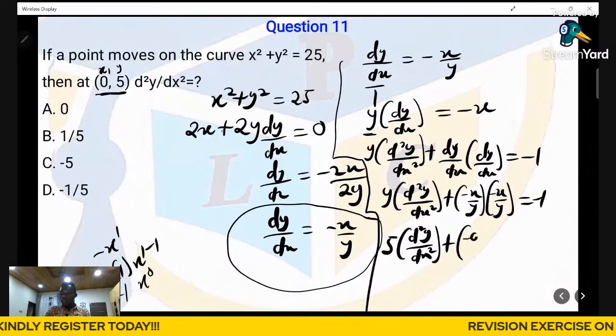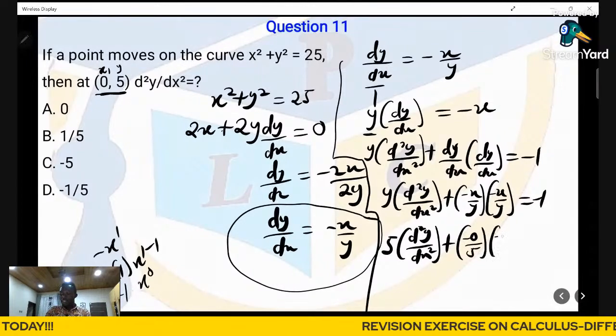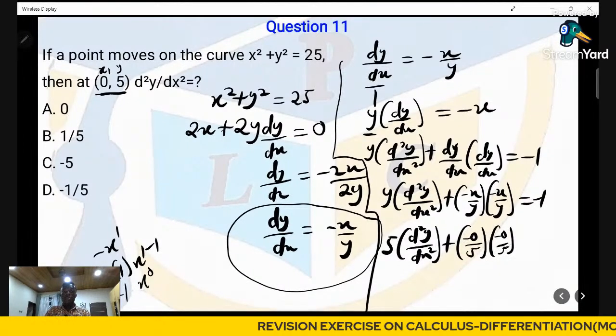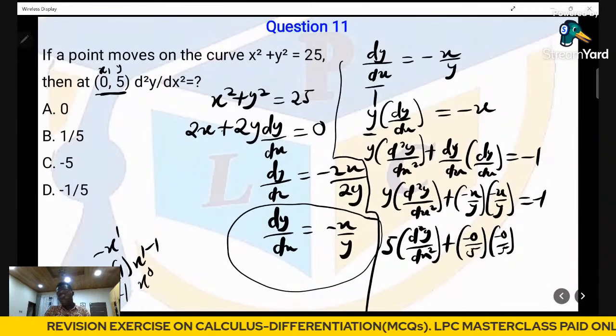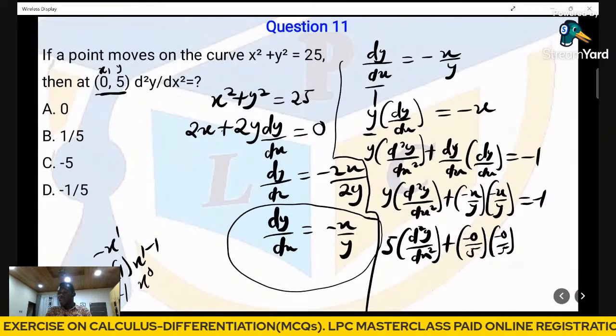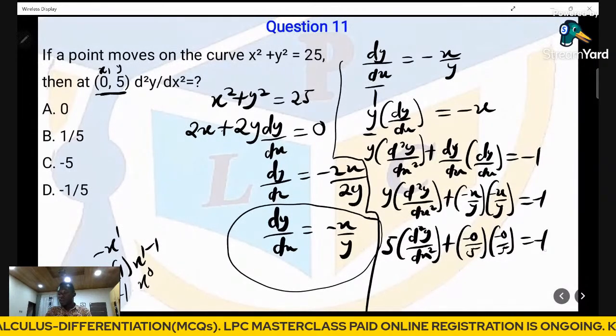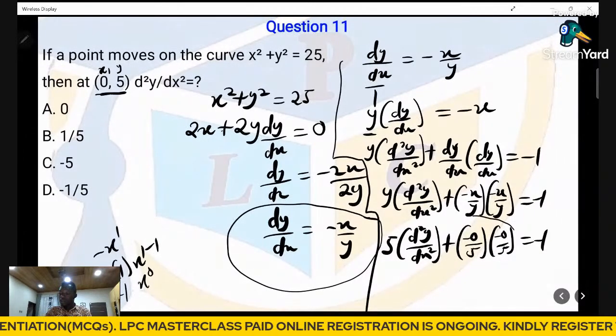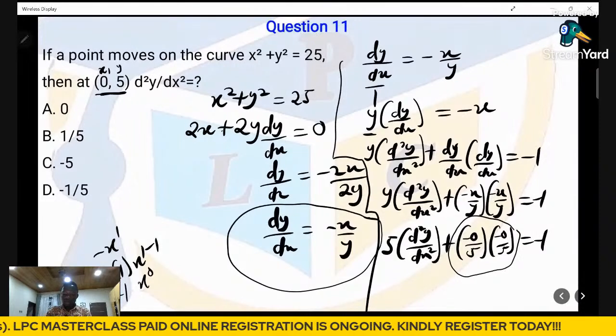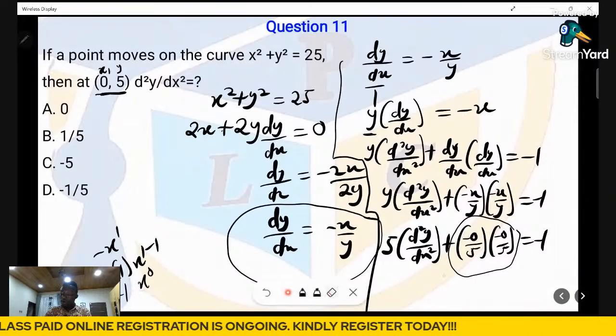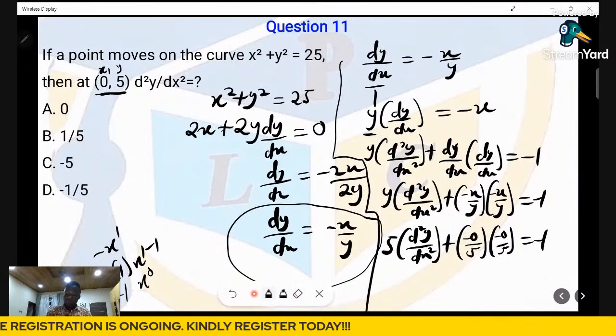So negative 0 out of 5. A number multiplying 0 is the same thing as 0, so you don't take that into consideration. And that should be equal to negative 1. So the whole of this is going to result to 0, so we don't take that into consideration anymore. I'll just take it off.